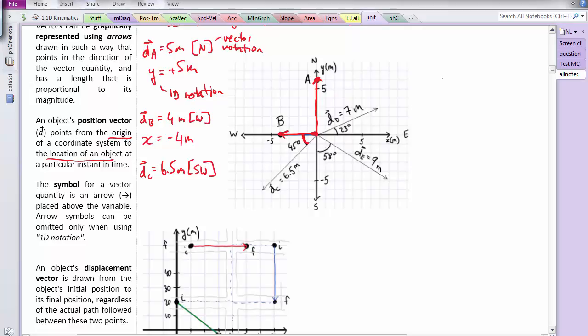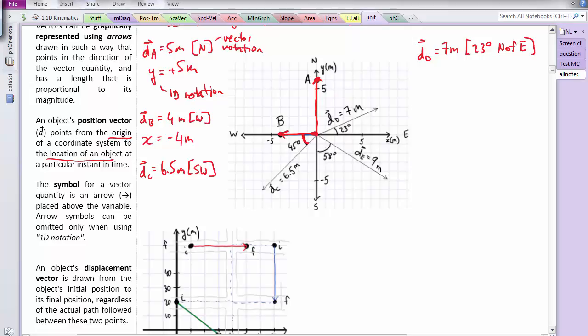Moving on to vector D. Here we can't use southwest or northeast because it's not 45 degrees, it's at 23 degrees. So what we would write here is that this vector D is 7 meters, square bracket, 23 degrees north of east.